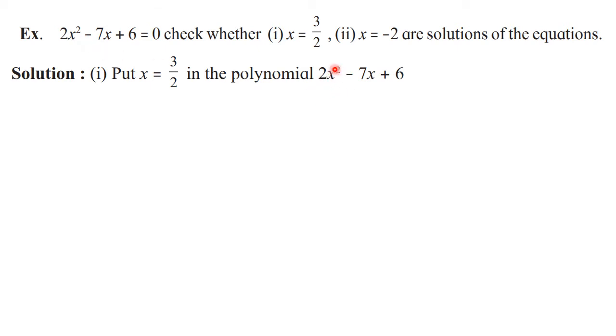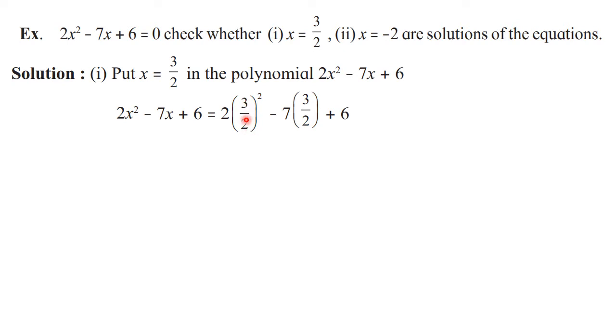So here in place of x we are going to put 3 upon 2. Now the polynomial is like this: 2 as it is, 3 upon 2 the whole square, minus 7 as it is, in place of x again 3 upon 2, and plus 6 as it is. Now 3 upon 2, if we square it, we get 9 upon 4.